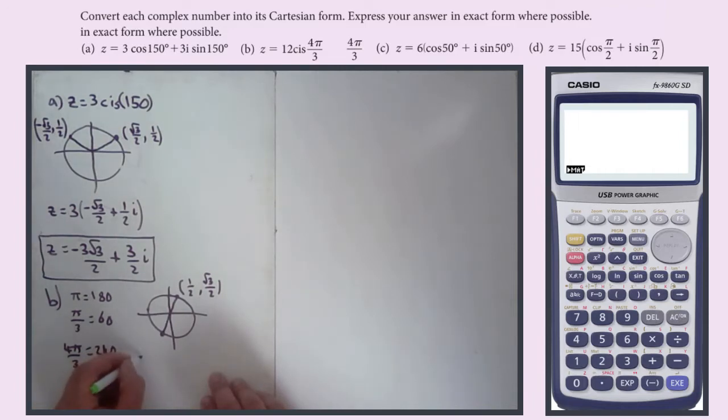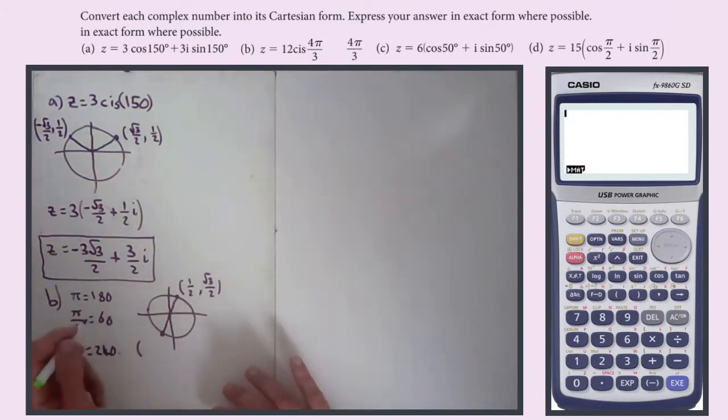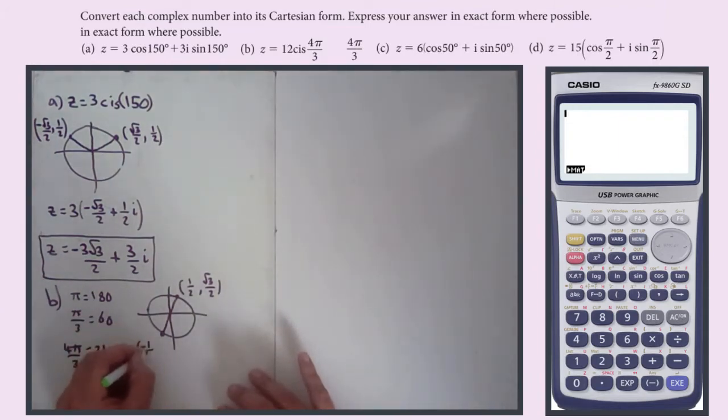So if we want 240, the cos of that, well, they're both going to be negative. It's in quadrant 3. Everything's negative apart from tan. So minus a half, that's cos 4 pi by 3, and sine 4 pi by 3 is minus root 3 over 2. Okay?